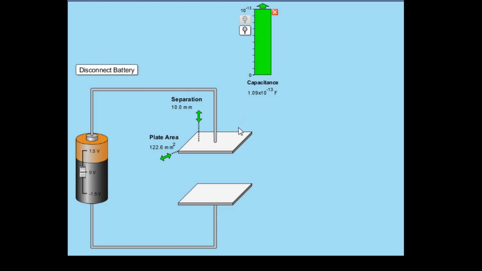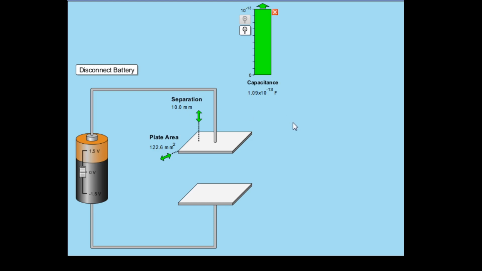Hence, the capacitance of the capacitor is directly proportional to the cross-sectional area. Here the medium between the plates of the capacitor we have considered is air. So the medium between the plates is constant and the separation between them is constant.